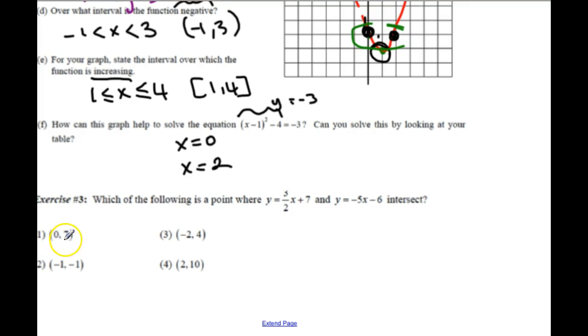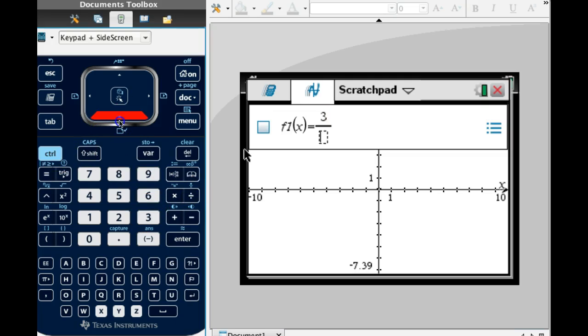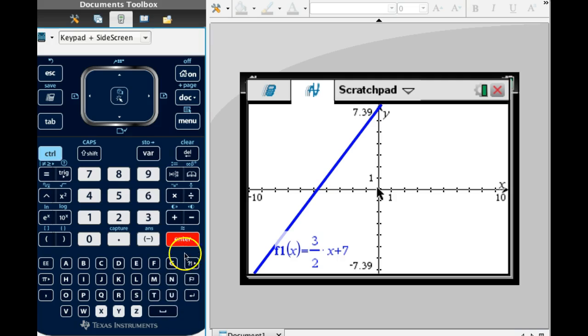My first one is 3 over 2 x plus 7, enter.